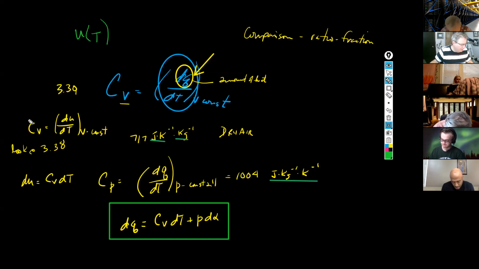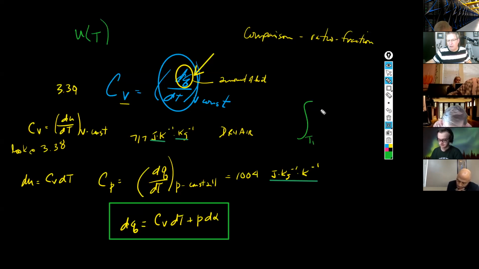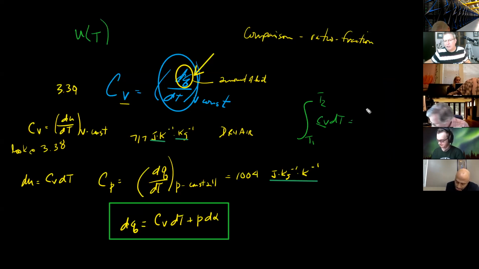So what we're saying is that the change in U, which is right under 3.41, so look at that equation. It doesn't matter how it goes. We talked about the path the other day. If I want to know what that change in U is, it's going to be integrating CV dt from temperature 1 to temperature 2. But what do we know about CV?